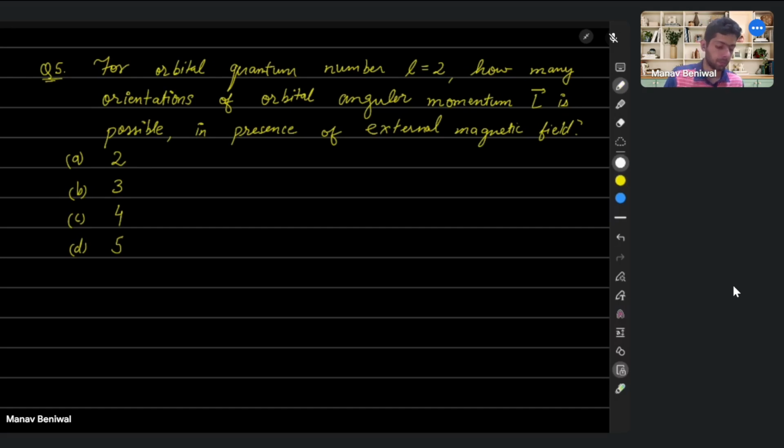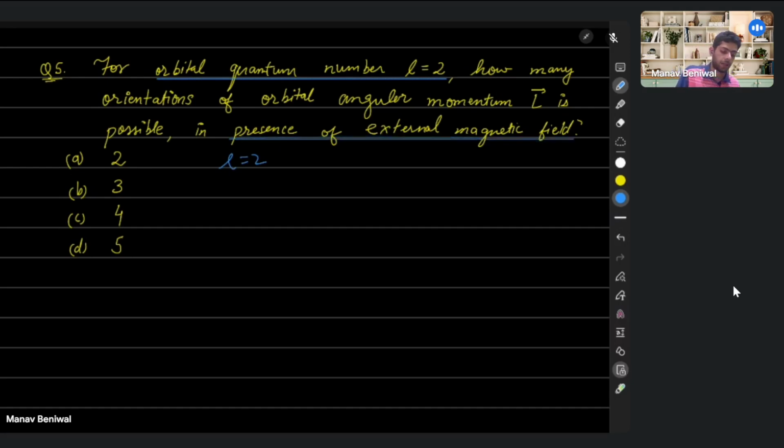Okay, so this is the next problem which we are going to solve. We are given orbital quantum number L as 2. So we are given L equals 2, and we are told that the electron is in the presence of external magnetic field.